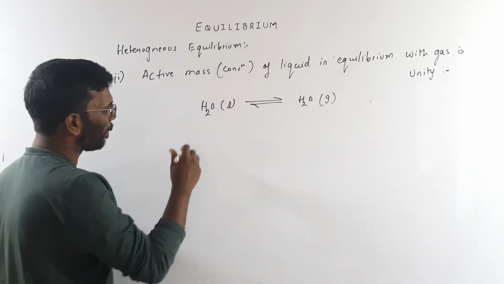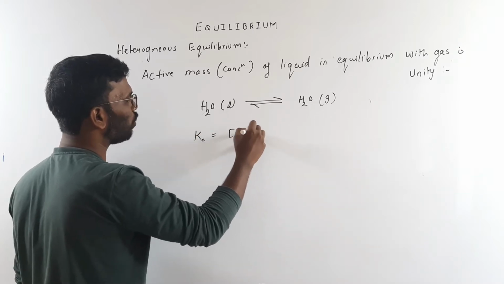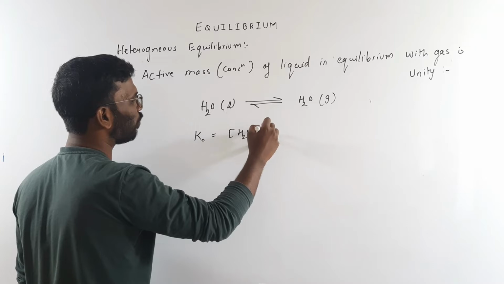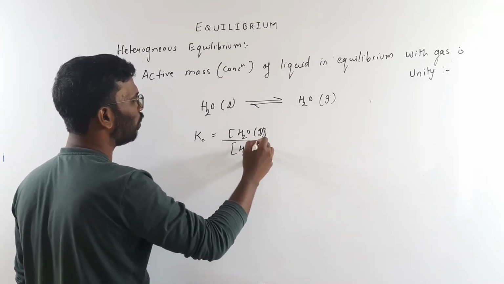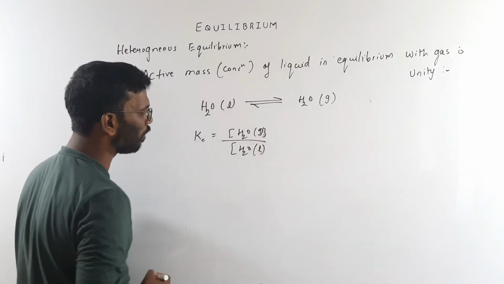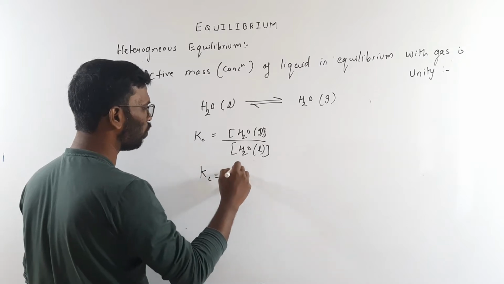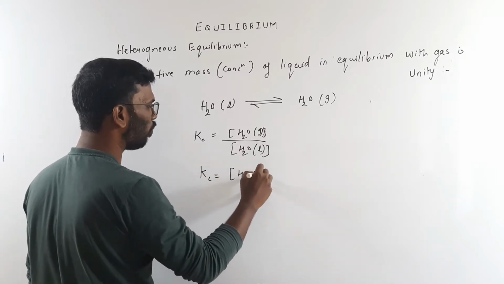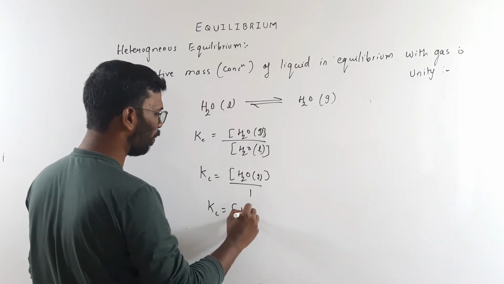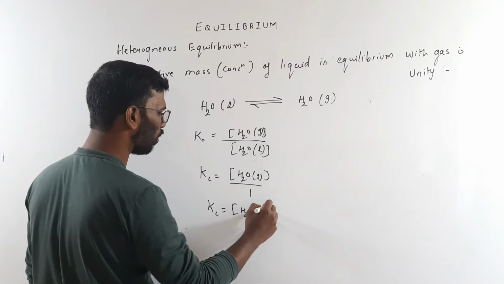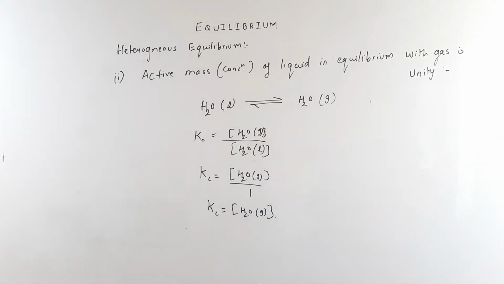So here, Kc will be equal to the concentration of H2O in the gas phase divided by the concentration of H2O in the liquid phase. The liquid concentration is unity, so Kc will be equal to the concentration of gas over 1. Therefore, the equilibrium constant will be written in terms of the concentration of the gas alone.